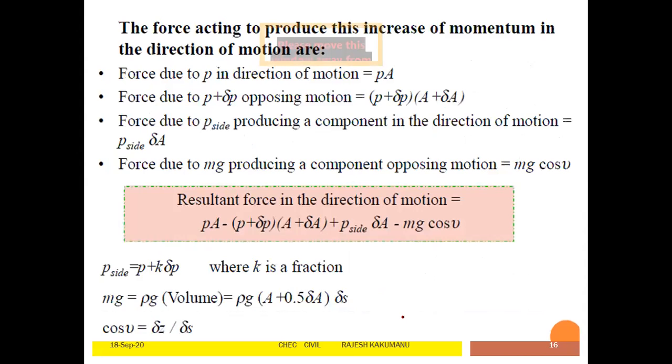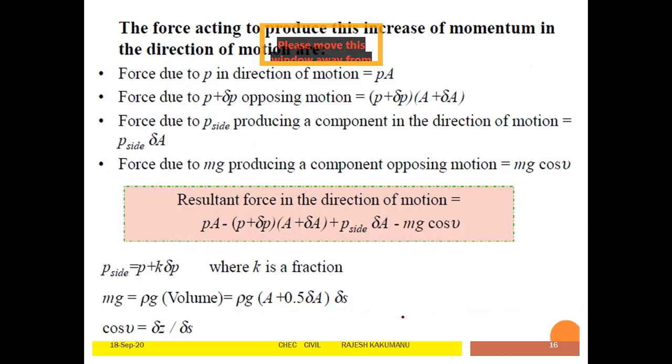Next, the force acting to produce this increase of momentum in the direction of motion can be obtained. The force due to P in the direction of motion is equal to P into area.